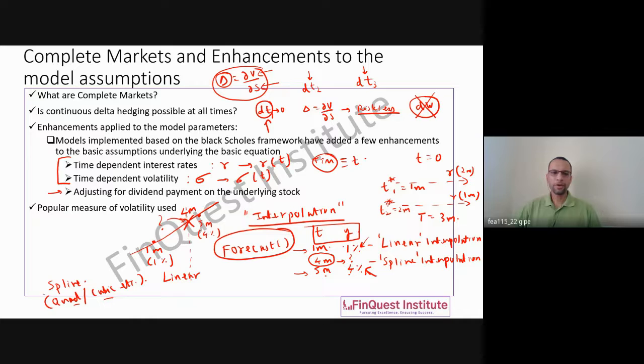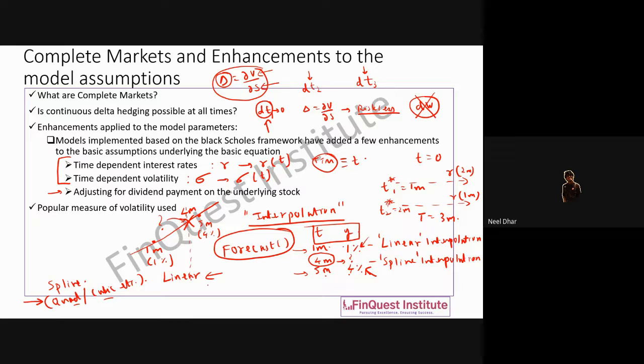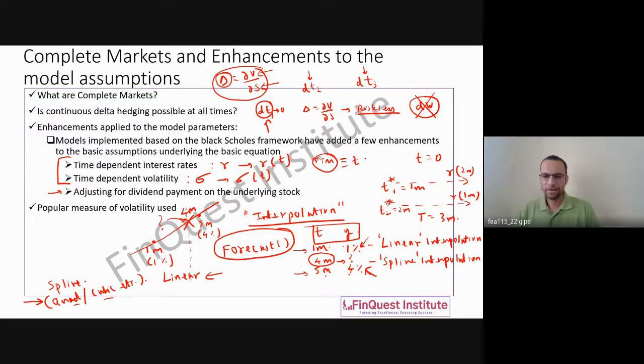What benefit do I get by using these slightly advanced models as compared to the linear one? Hello, sir. Yes, please go ahead. Yes, you basically can get more flexibility in terms of the curve, and you don't have to stick to a linear movement. Correct. Very good.